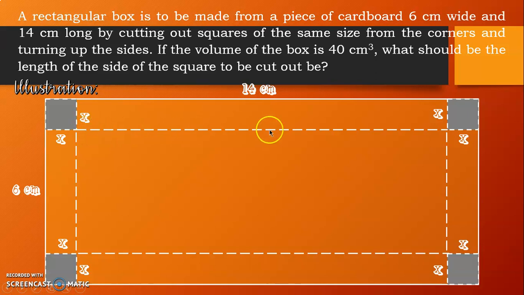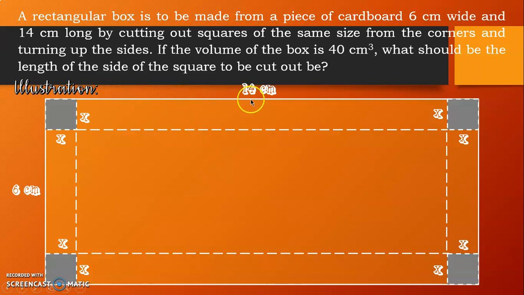And this broken line is where the cardboard will be folded. So there are four sides that will be folded so that it will become a box.